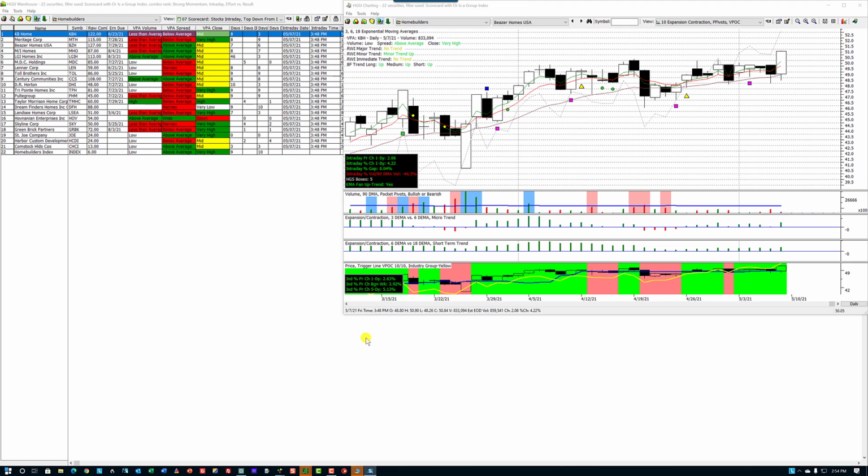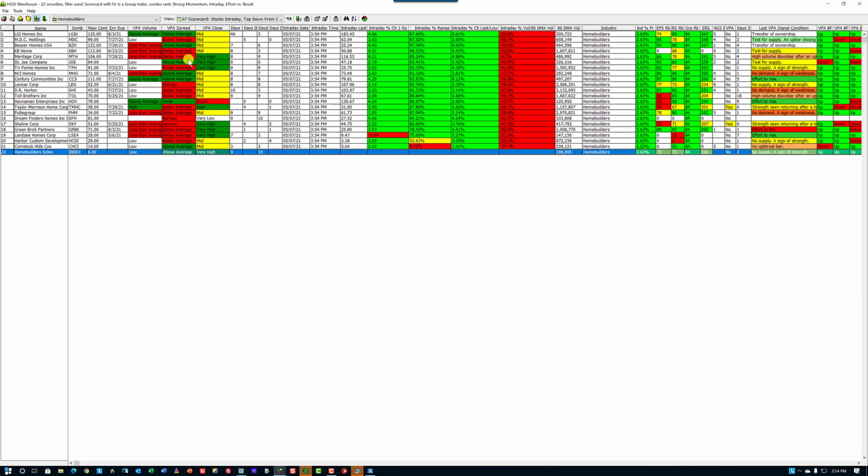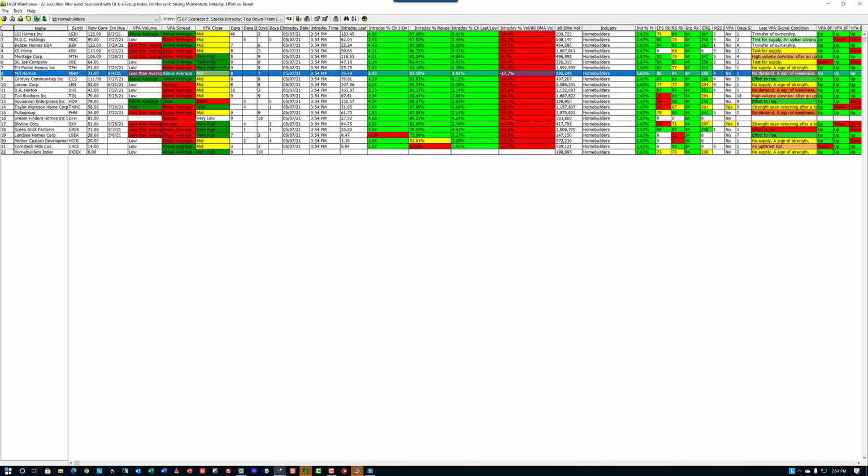Anyway, that's where the Wyckoff information comes from, and you can see that really I didn't have any great demand stocks in here yesterday, because on the demand stocks, all of these are green.